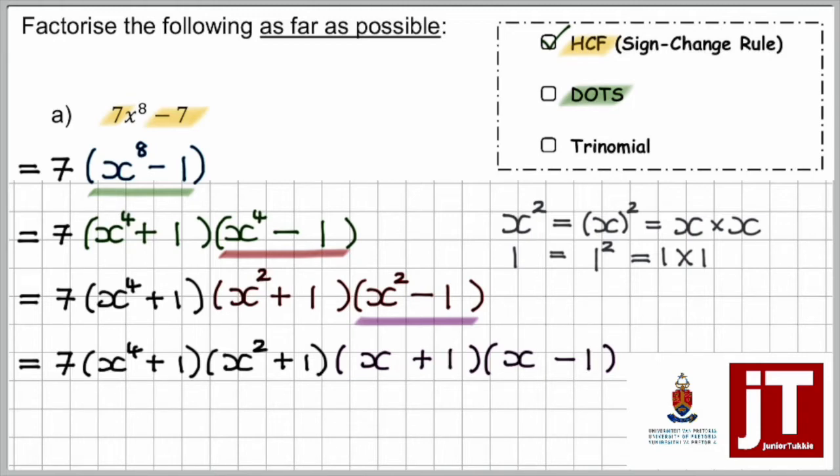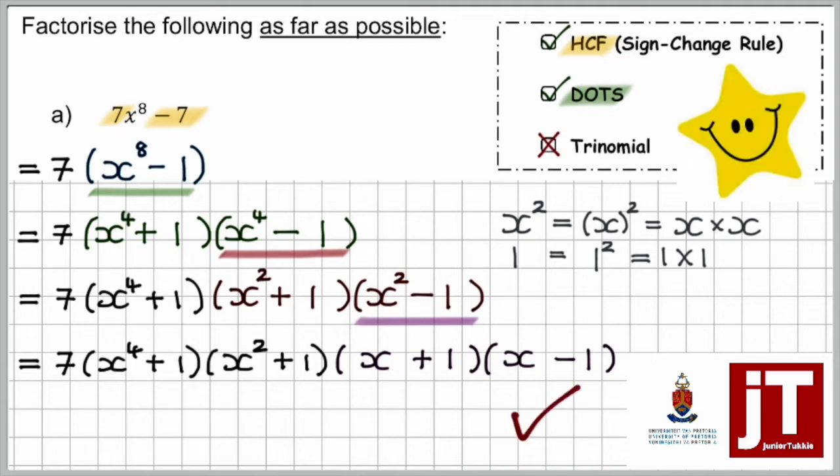Do we have another difference of two squares? Fortunately not, so we are done with the difference of two squares. Do we have any trinomials? No, we don't. Any other highest common factors? No, we don't. So at this point, grade 9s, we are done factorizing as far as possible, and we can move on to question B.